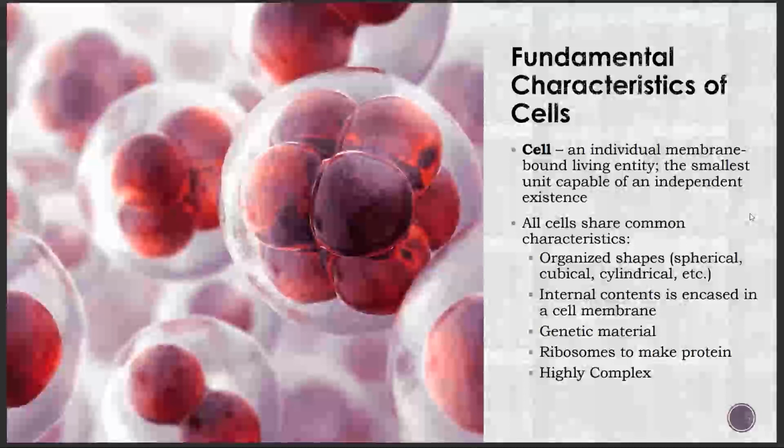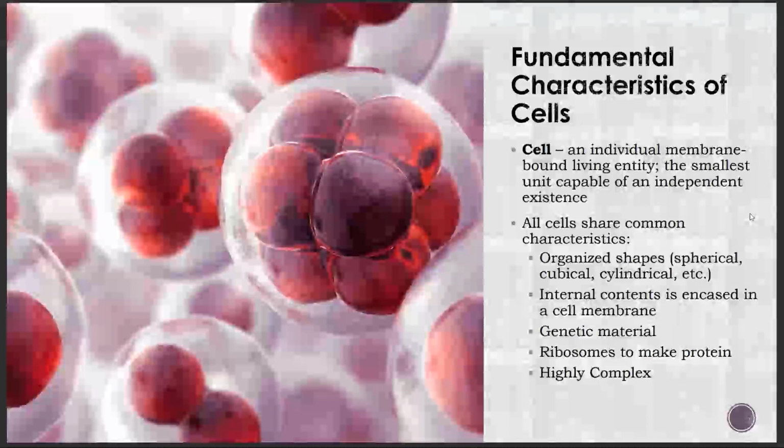They have internal contents encased in a cell membrane. So again, they have that discrete outside barrier, and their internal contents are very organized, whether it's eukaryotic and has membrane-bound organelles or prokaryotic, no membrane organelles. Either way, it's highly organized.